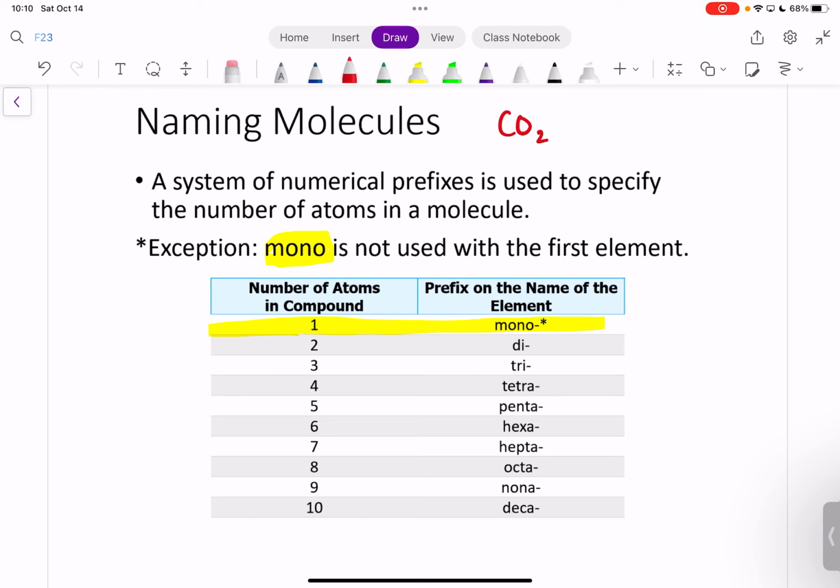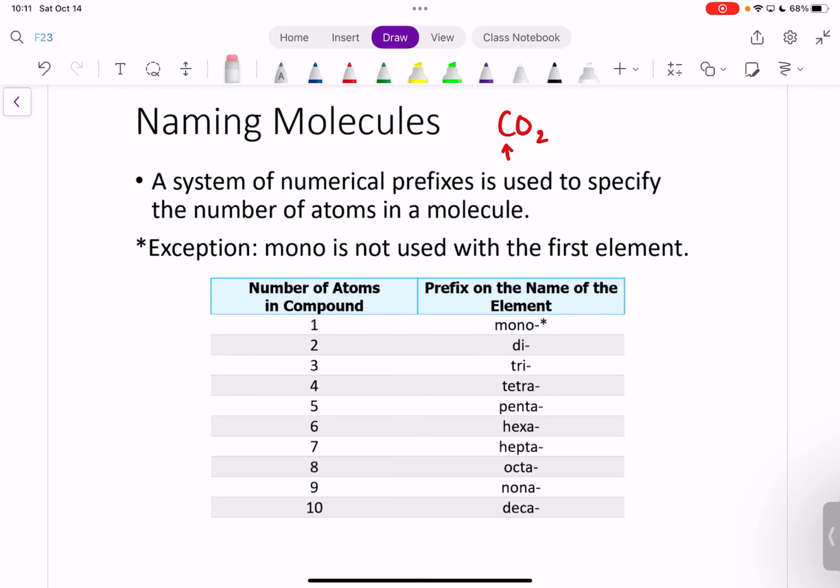If we just say carbon for our first atom, it's assumed that there's only one, so you don't have to say mono in front of it. So it's just carbon dioxide. And because there's no other prefix in front of it, we just assume that there's only one of that atom. So that's one of the exceptions. After that, if you have 2 atoms of a specific type in a compound, you get the prefix di. So that's why we have dioxide for oxygen. Carbon dioxide lets us know we have 2 of those.